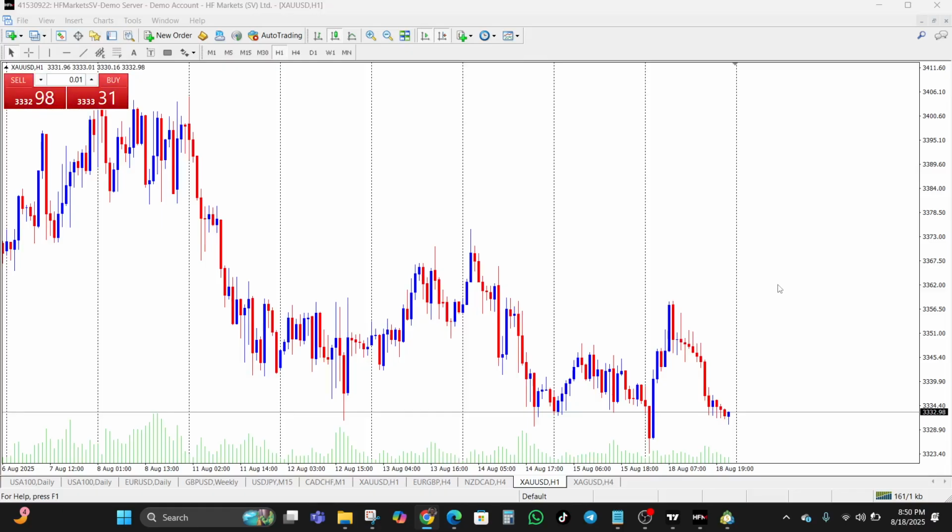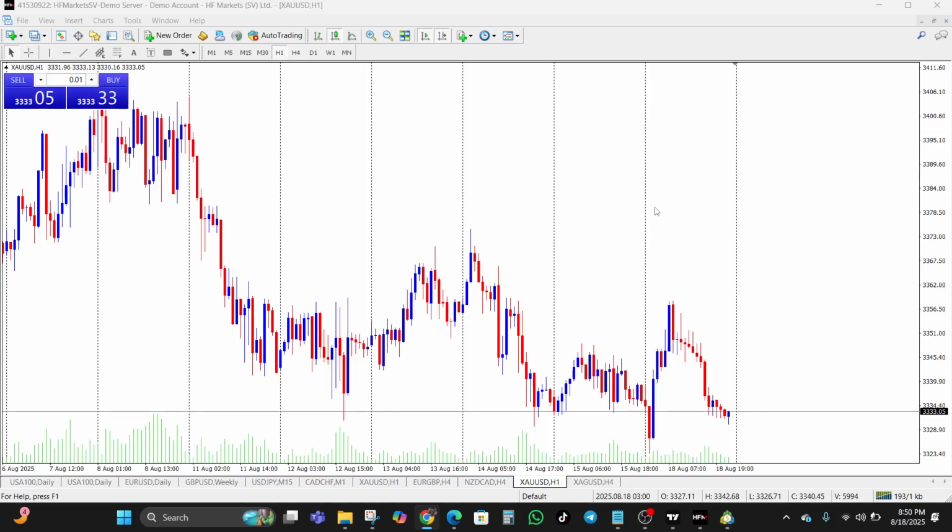They move differently from currencies, and they are influenced by factors like supply, demand, and global events. That is the reason why learning to trade them on MT4 and MT5 is such an important skill. We're just going to be starting with the basics.